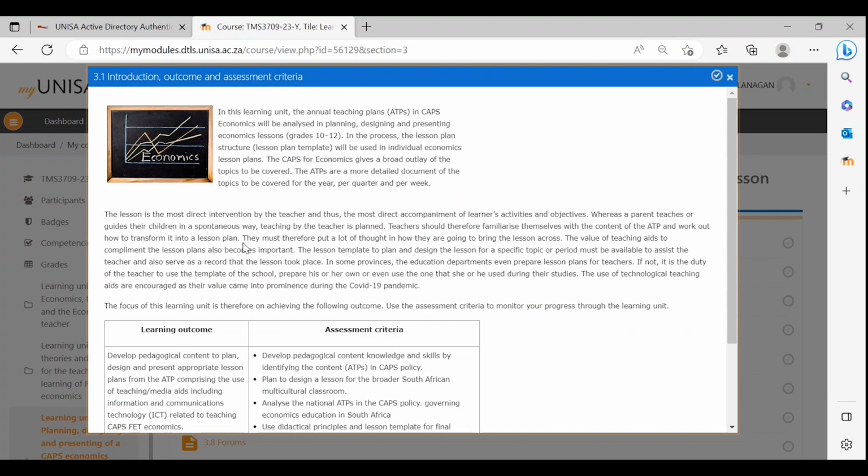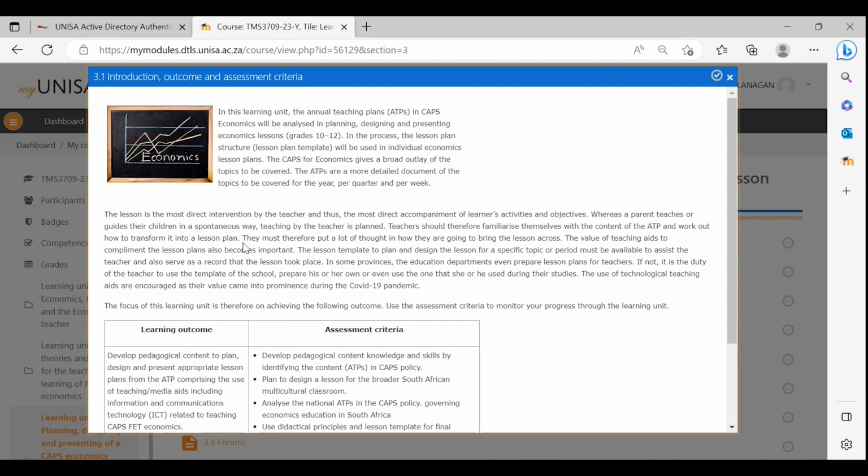So you first of all have your CAPS document. The CAPS document is a broad document. You have your ATP, which gives you more detail, in other words, how long you must take on a specific topic.